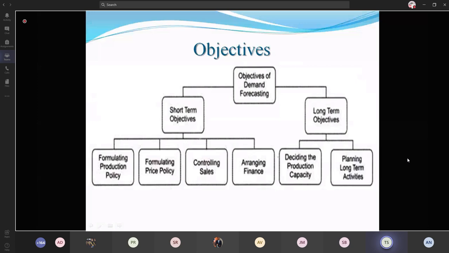And next one is planning long-term activities. So this implies, for example, if the company's forecasted demand is high, they can plan according to that.